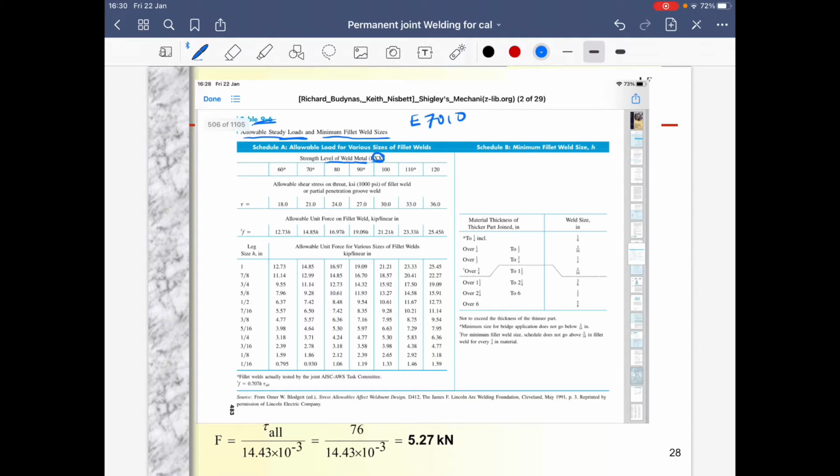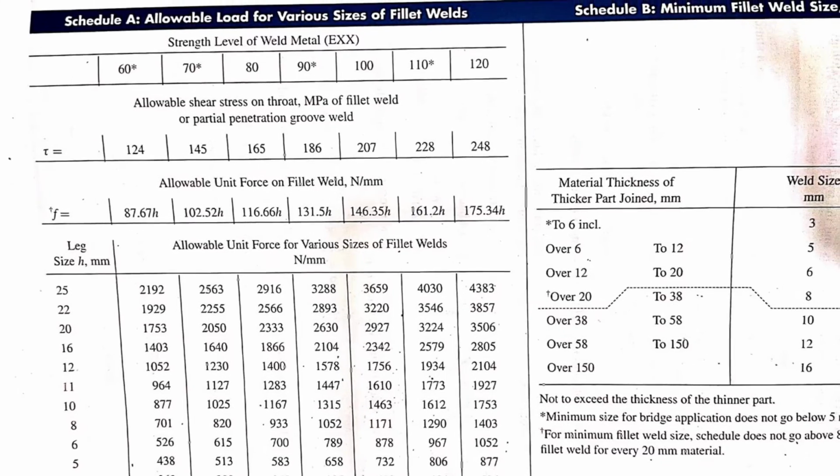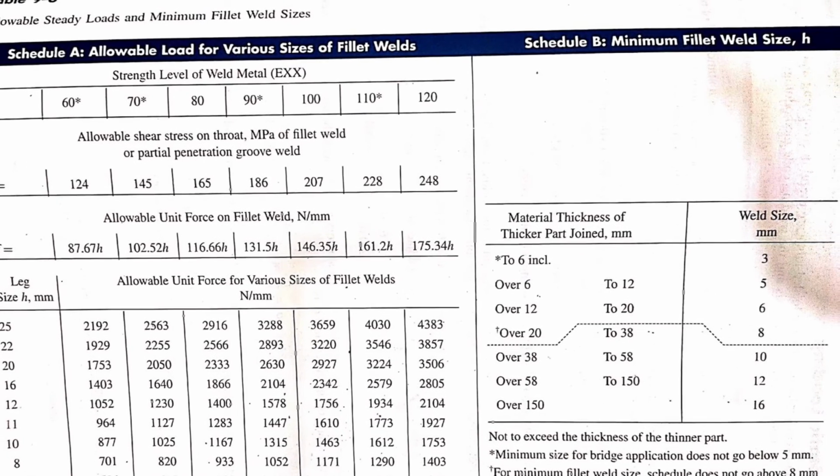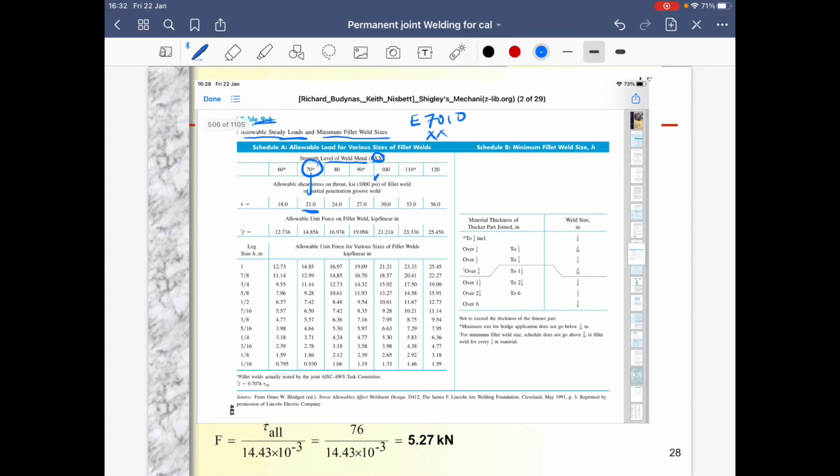Ours is 70. If you go down, you see 21. Mine is in English unit, but it should be in SI unit, so you have to change it to Pascal, megapascal and meter.